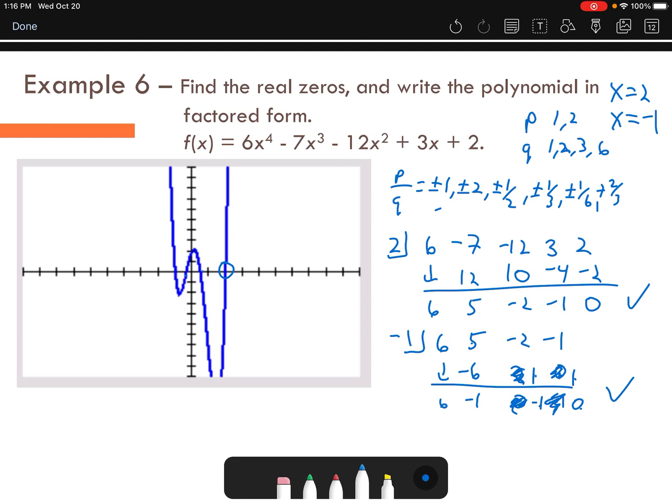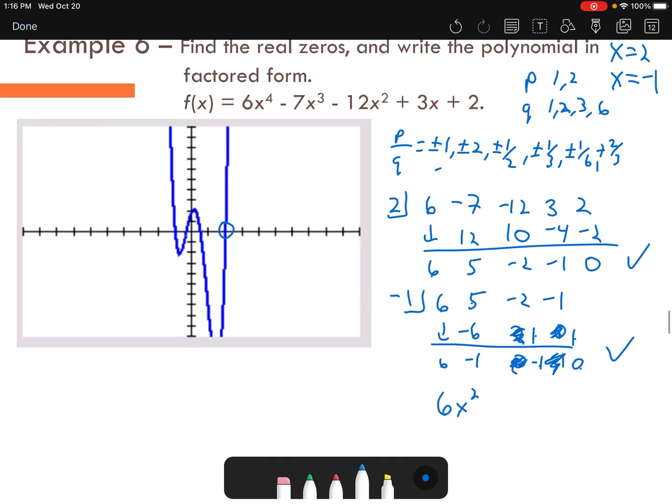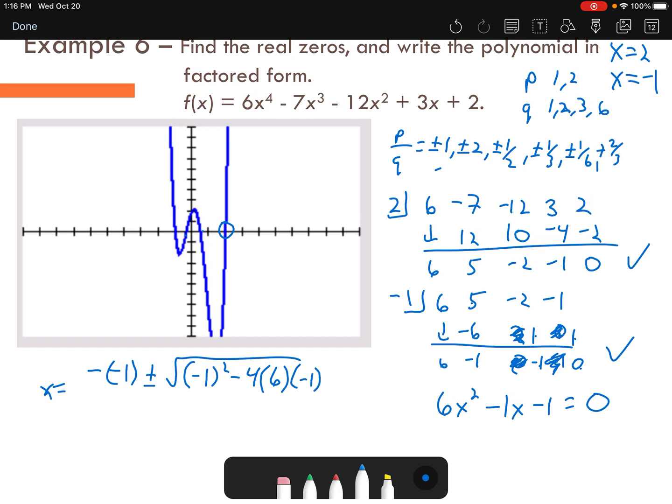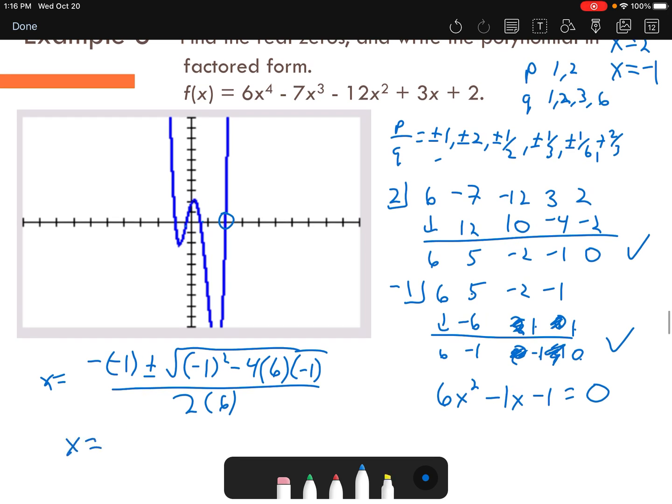So we have 2 of the 4. Now there's 2 more. And we're left with 6x squared minus 1x minus 1 equals 0. I don't think that's factorable, so we want to use the quadratic formula. Negative b plus or minus the square root of b squared minus 4 times a times c, all over 2 times a.